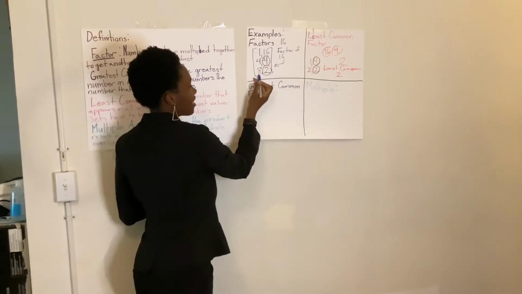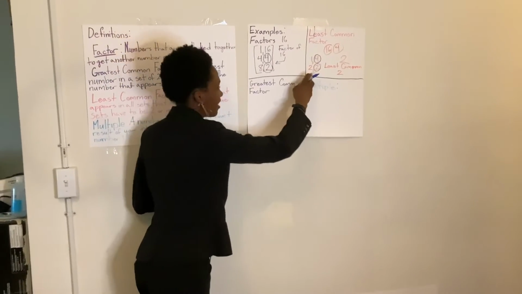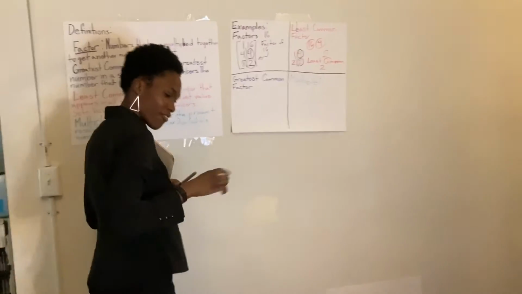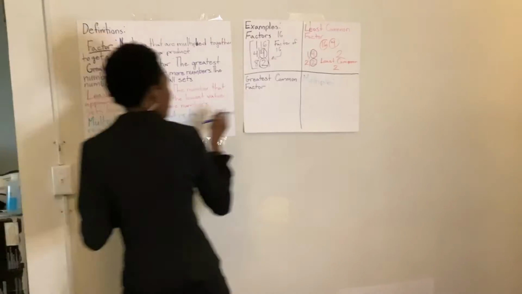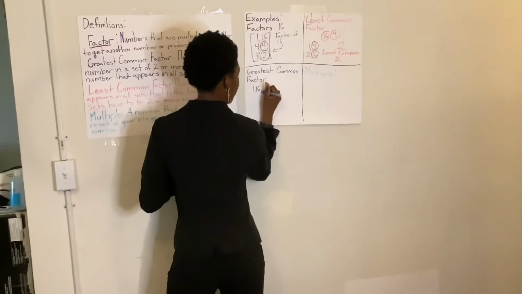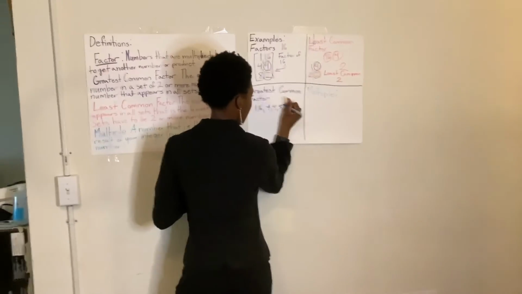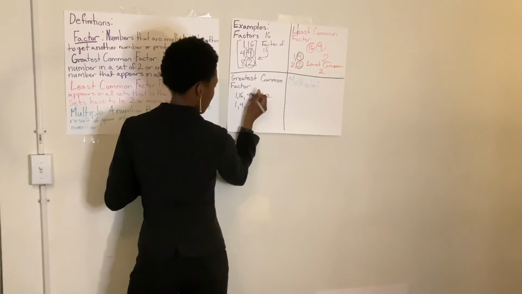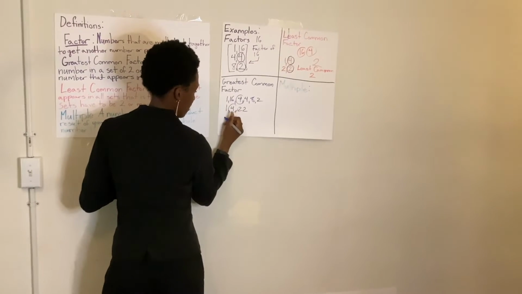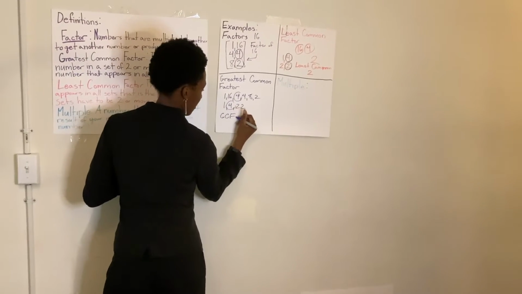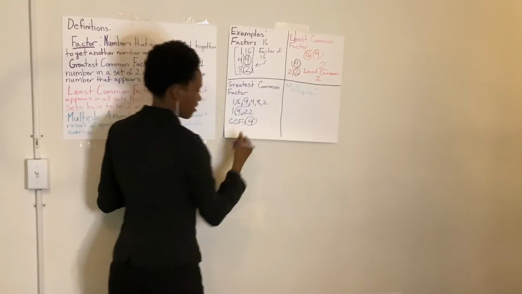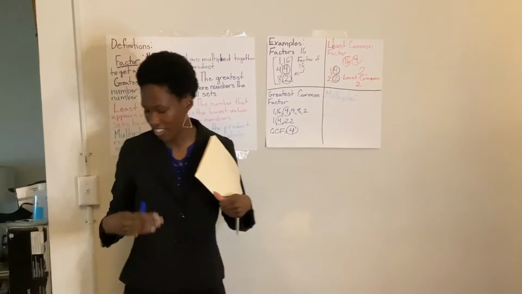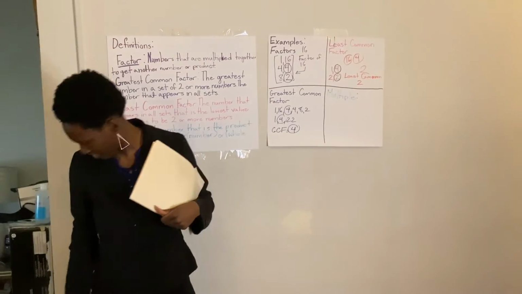If it was 8, there would need to be an 8 over here in order for it to be the greatest common factor. Because 4 appears in both areas, the greatest common factor, I'm going to put initials, is 4. So that's pretty much the synopsis. You guys are going to go over that more in the worksheets that I give you.